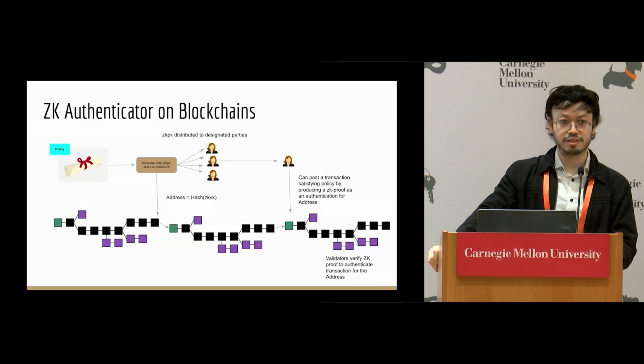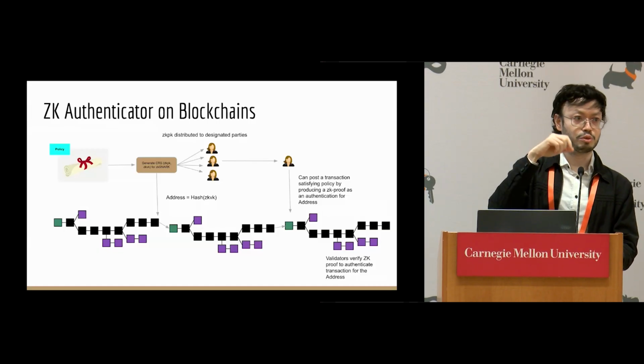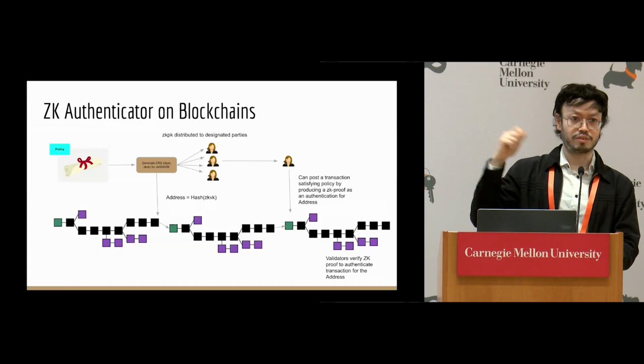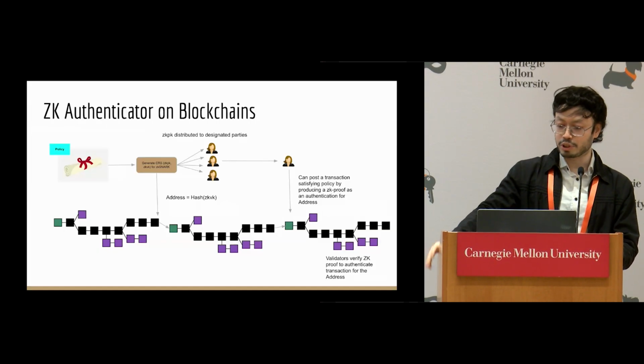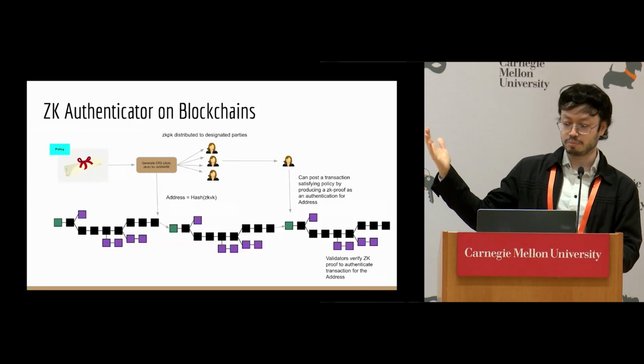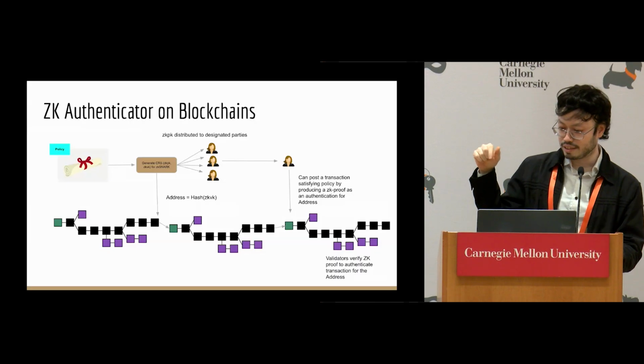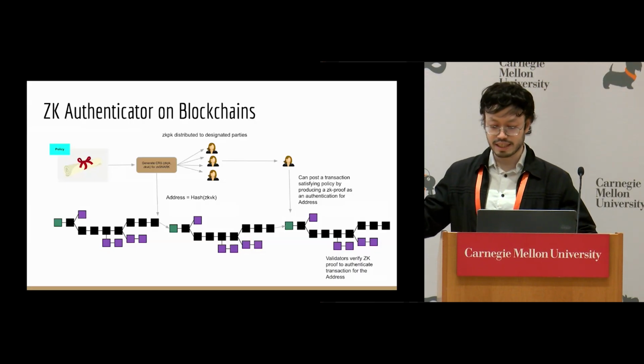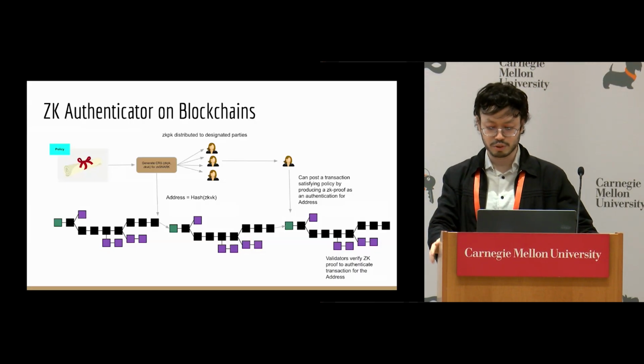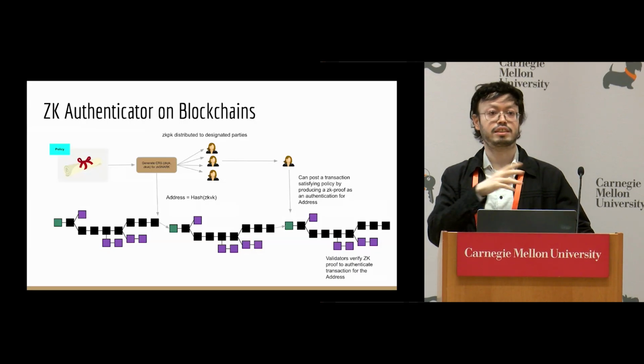Now, Alice, who knows the zkPK, the proving key of the circuit, can post a transaction which satisfies this policy directly on the chain, and then validators can verify just the zk proof to authenticate the transaction for this address.